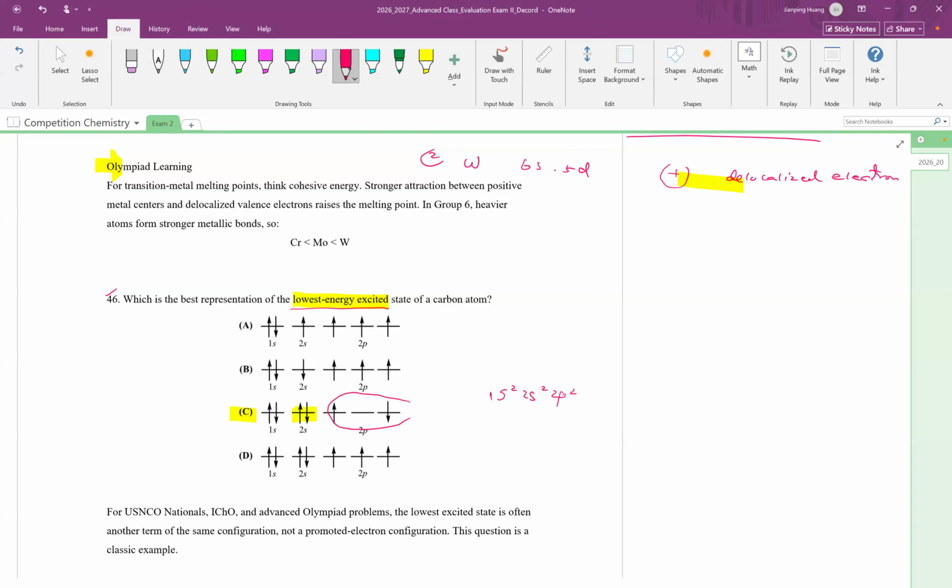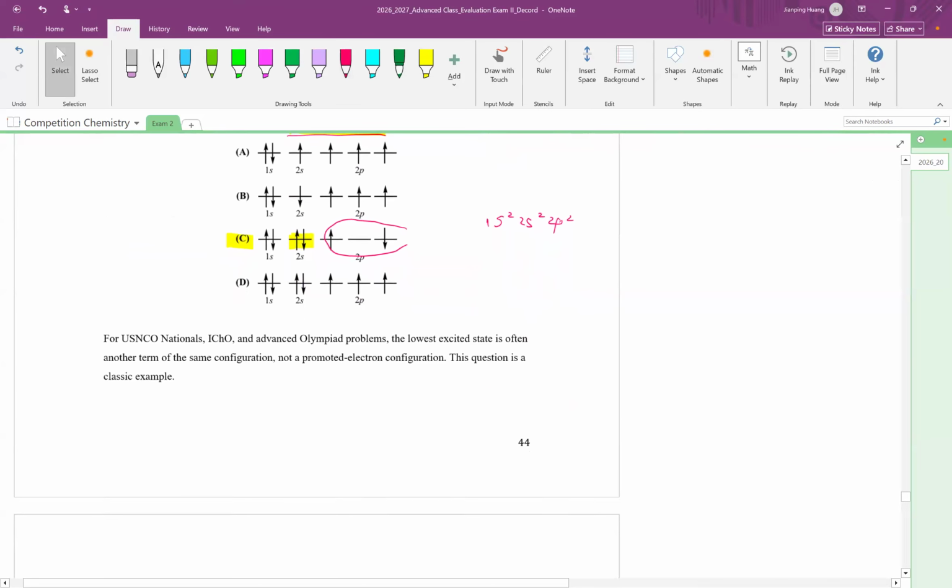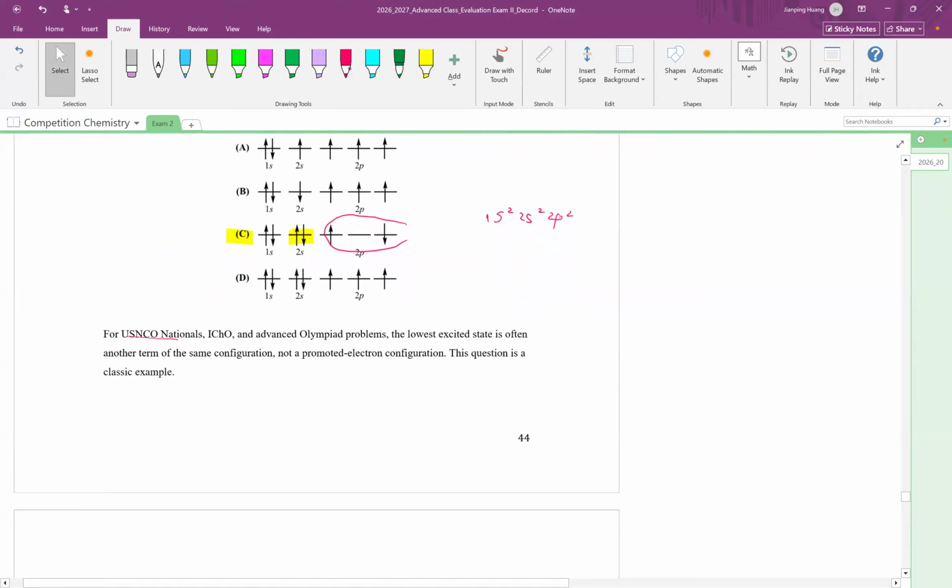Right. So remember, I'm going to repeat. The lower the energy of the excited state is not the same as the lower excited electron configuration. The lowest excited state keeps the same configuration but changes the spin arrangement. This is from the USNCO National.